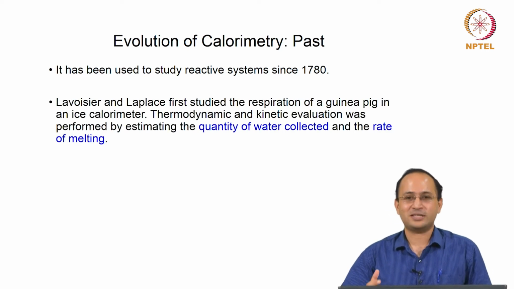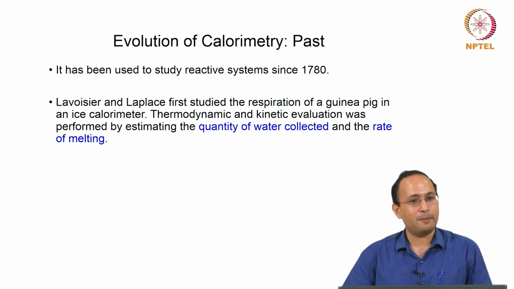If you look at the history, a very interesting study was by Lavoisier and Laplace. They were the first ones to develop the ice calorimeter. And where did they use it? They studied the respiration of a guinea pig in an ice calorimeter.